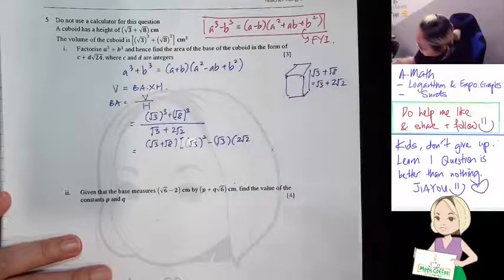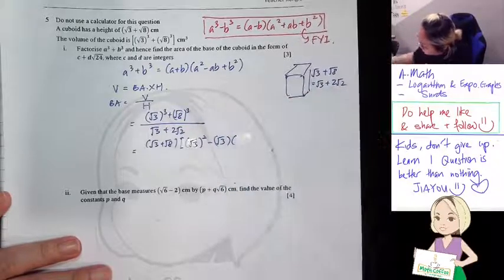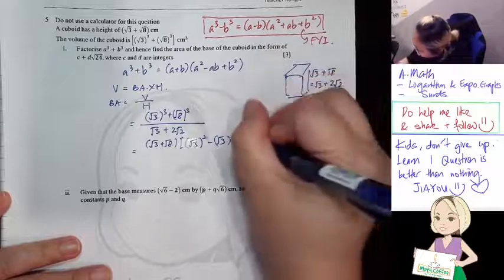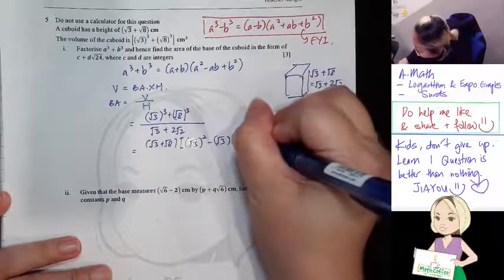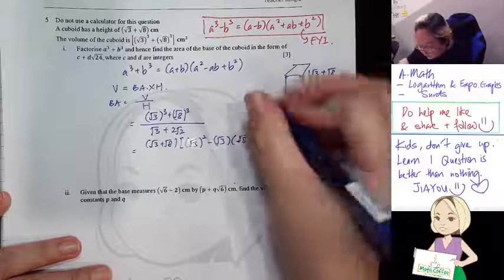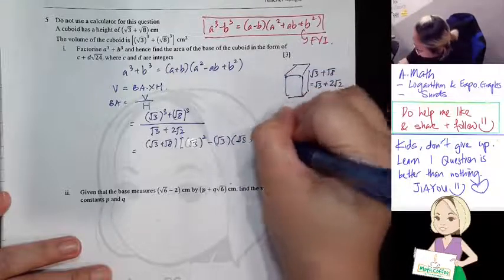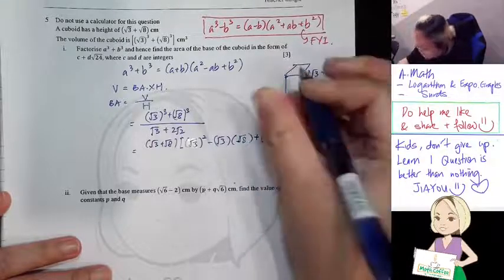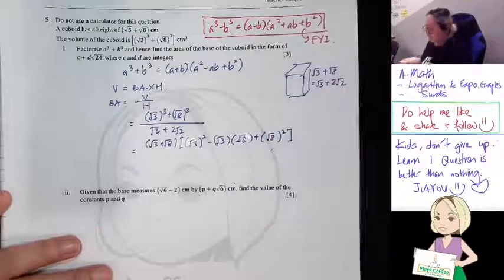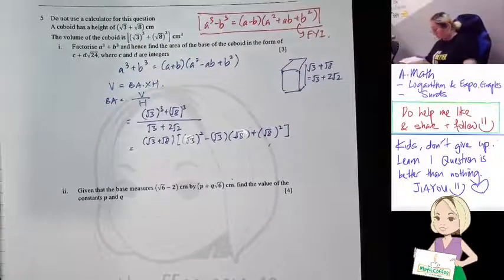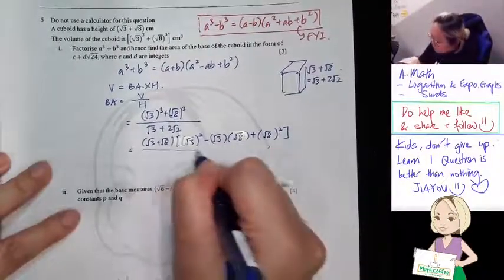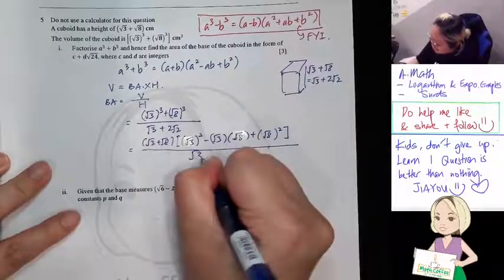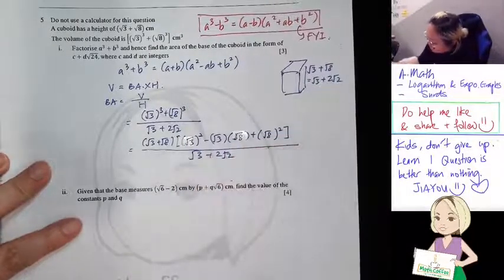Okay, I'm just going to put square root 8, otherwise I'm going to confuse you. So it's square root 8, plus square root 8 square, over square root 3 plus 2 square root 2.